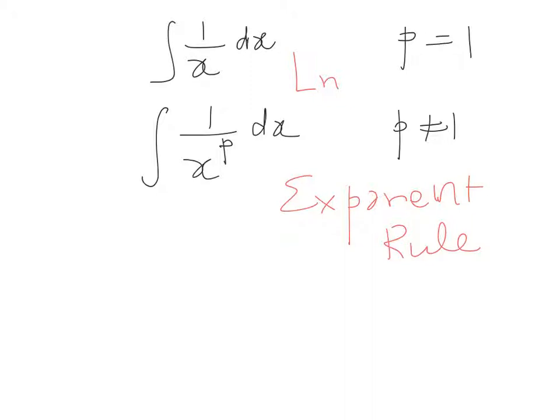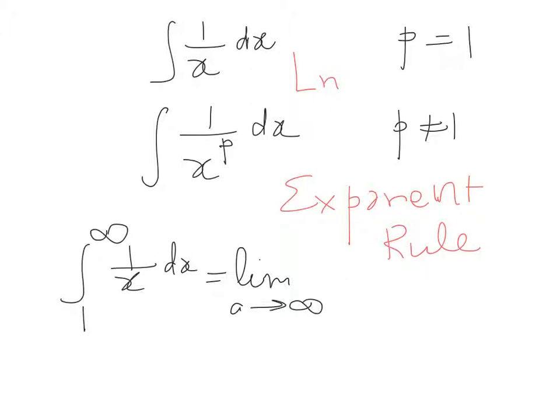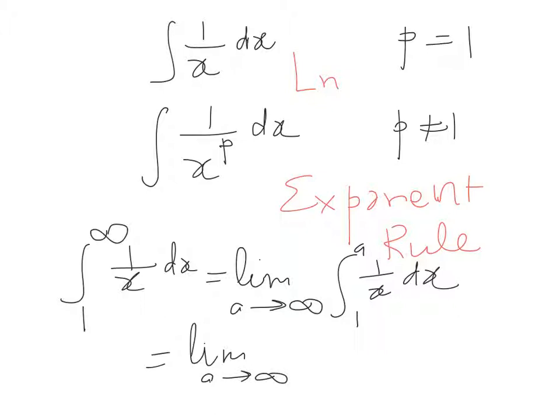Now, integral 1 to infinity of 1 over x dx is the same as limit a approaching infinity of the integral 1 to a of 1 over x dx, which is limit a approaching infinity of ln a minus ln 1.